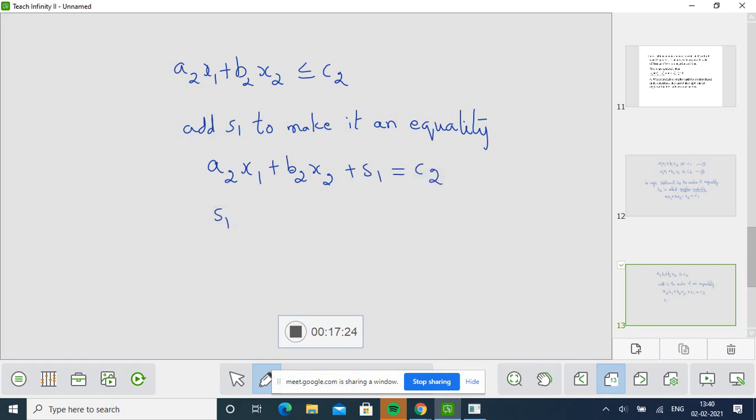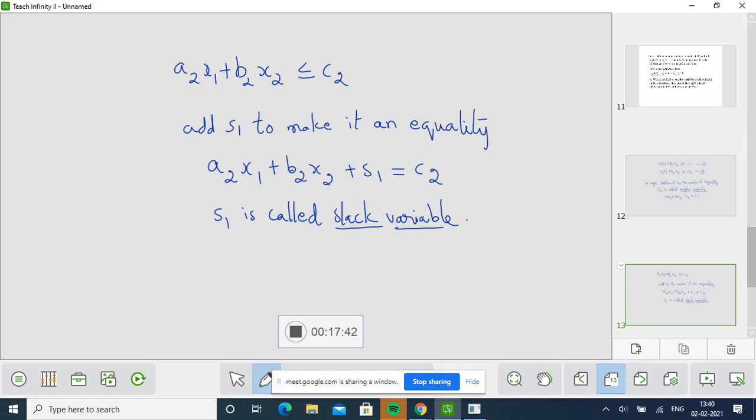So what is this? S1 is called your slack variable. Any problem? Everybody remembers now what is slack variable and what is surplus variable?